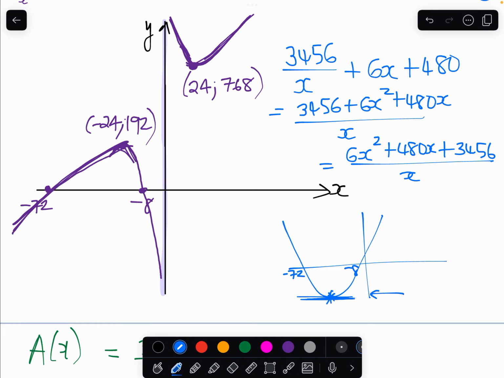The turning point happens at minus b over 2a, so that'll be minus 480 over 12. That'll be at negative 40, and I don't know what the value of the parabola would be at that point.